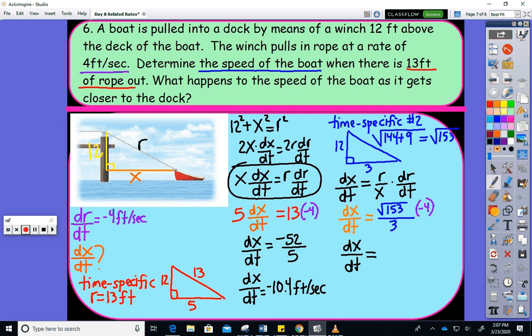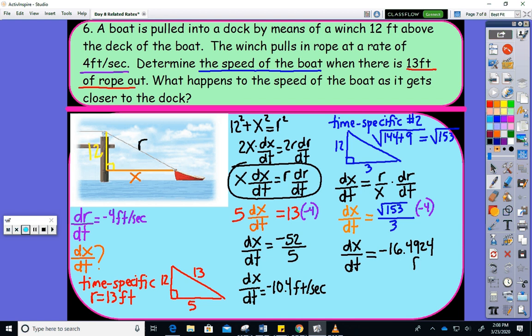I'm getting that this value is -16.4924. Remember, I need 3 or 4 decimal places to satisfy the AP. So that's going to be feet per second.